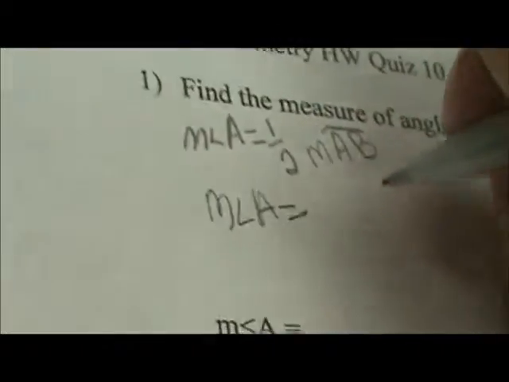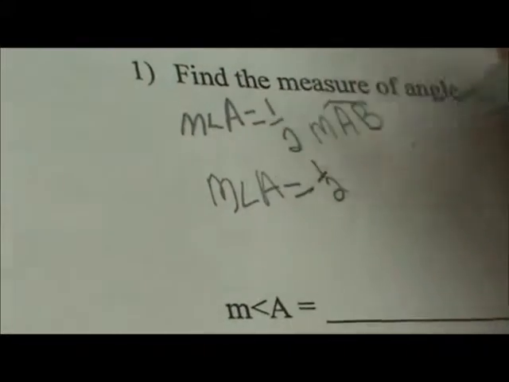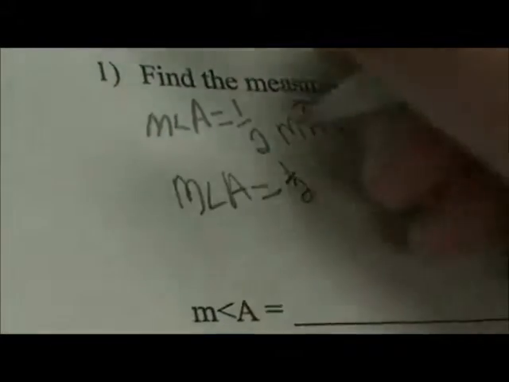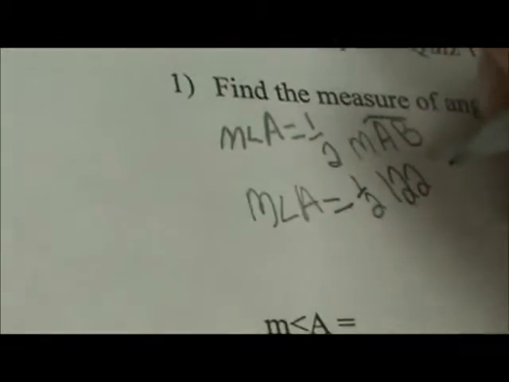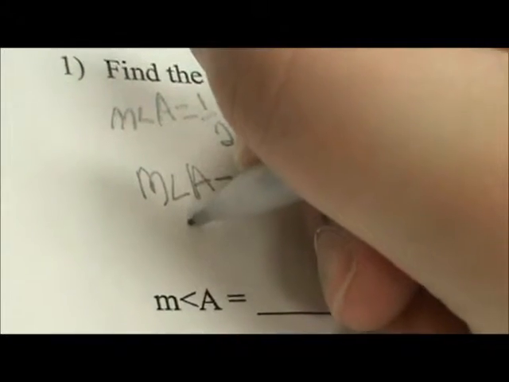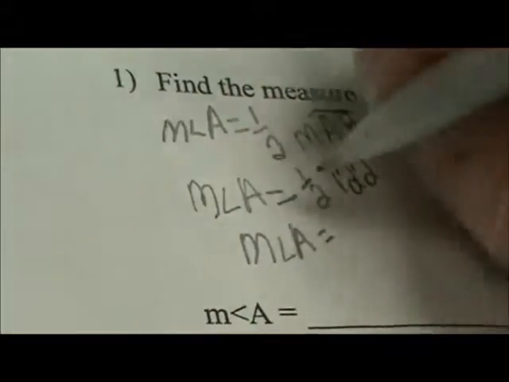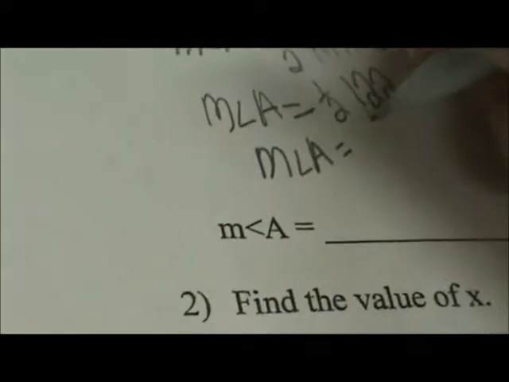So our formula becomes the measure of angle A is equal to half of 122. When we divide 122 by 2, you get the measure of angle A equal to 61. So your answer is the measure of angle A equals 61.